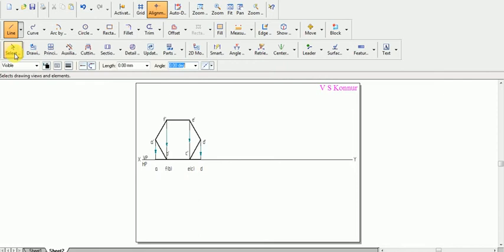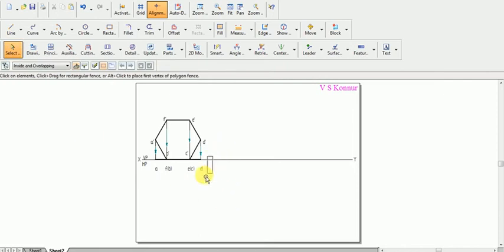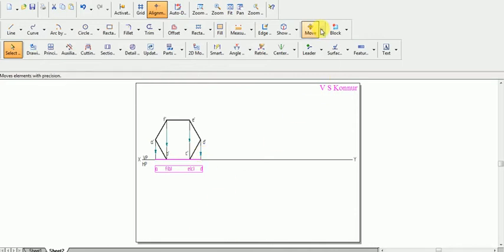Instead of drawing a 30 degree line, just select this spot. If anything extra is selected, you can remove it with control. Control, move, focus should be on this endpoint.